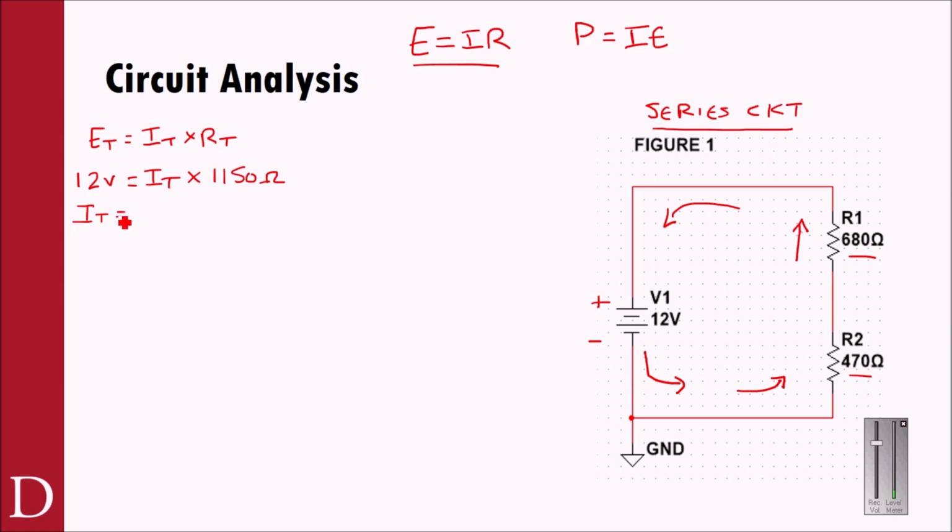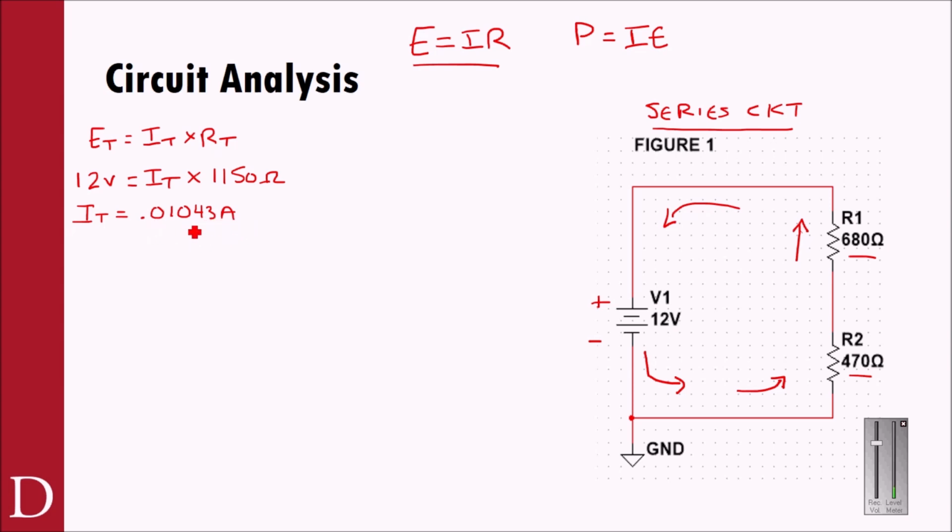I'm typing this in on my calculator. And I'm going to take this out a few decimal points so that we get a good accurate measurement here. 0.01043 amps. The further decimal places you take it out, the better.